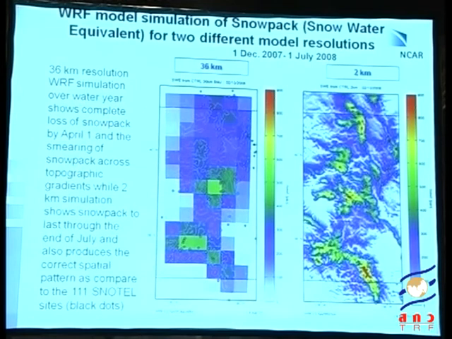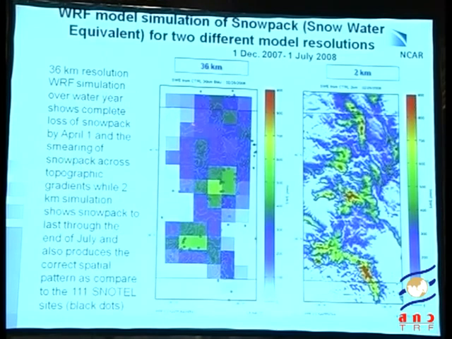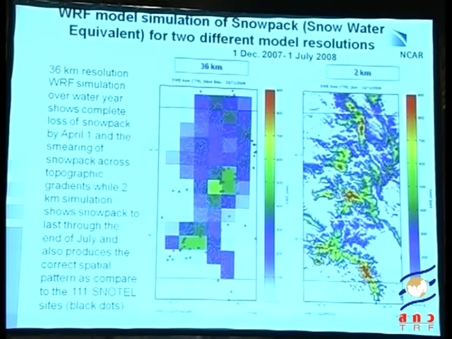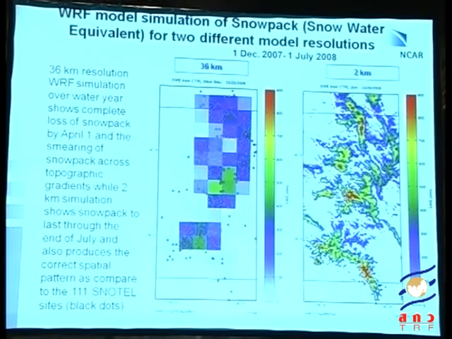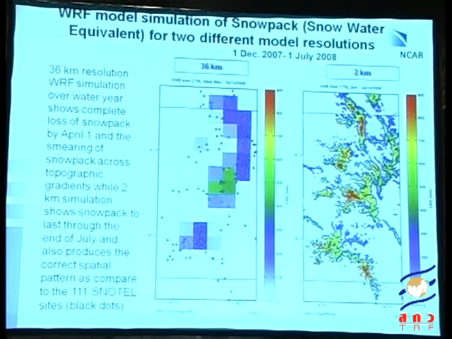So as I mentioned to you, in Colorado, a lot of the snow melts in April. So you can see here the blockiness of the 36 kilometer snowpack and how we resolved the snowpack quite nicely in the 2 kilometer. Now we're coming to the end of March. Now we're starting to get melting over here. A lot of the snow is disappearing.